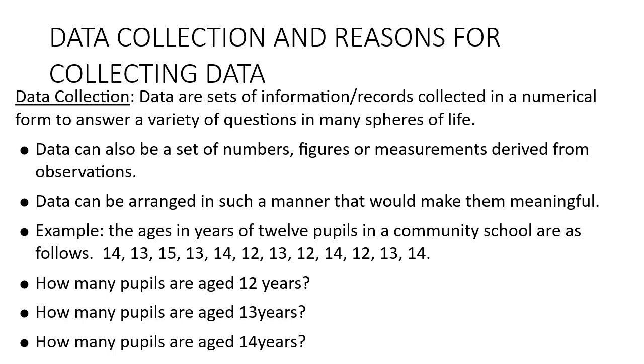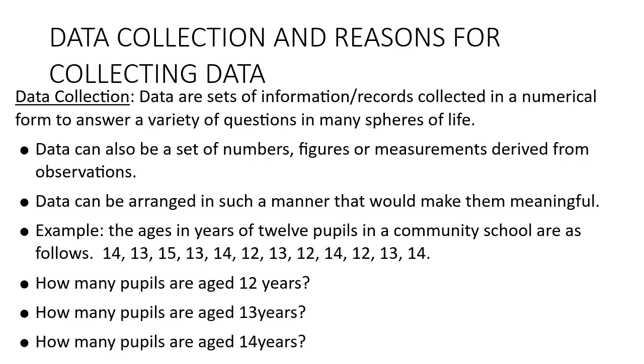Those that are exactly 14 years. Number 4 question goes this way: how many pupils are aged 13 years and below? Which means those that are exactly 13 years and below 13 years.